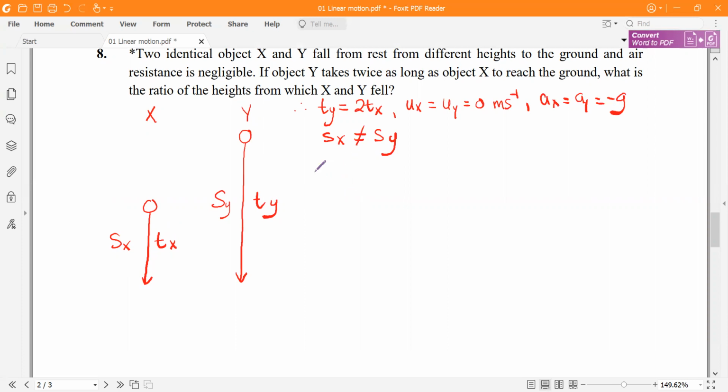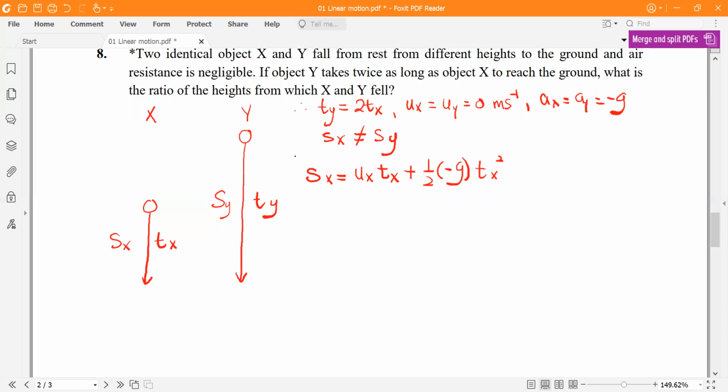So I can have the equation Sx equals Ux Tx, but we understand the initial velocity for both is 0, plus half negative g Tx squared. So this is for my object X.